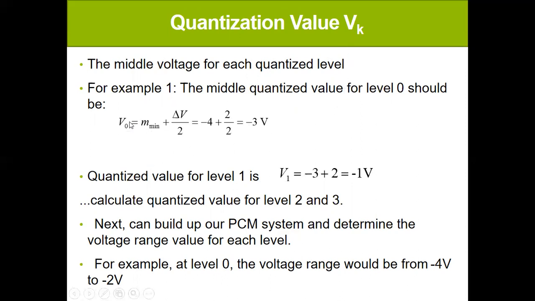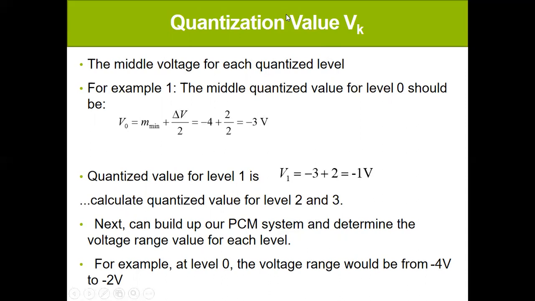V1 will be V0 plus delta V. Then V2 is V1 plus delta V, and V3 is V2 plus delta V. It's like that. So V0 is -3, plus delta V which is 2, gives -1.